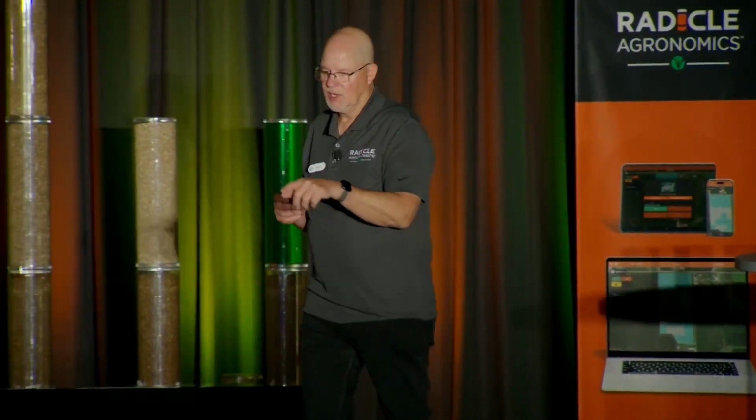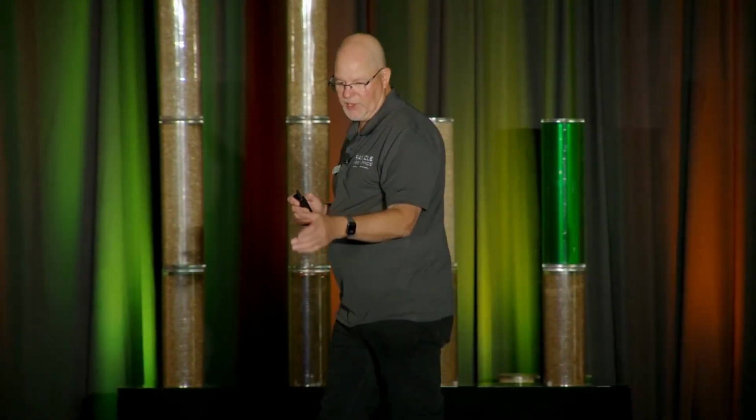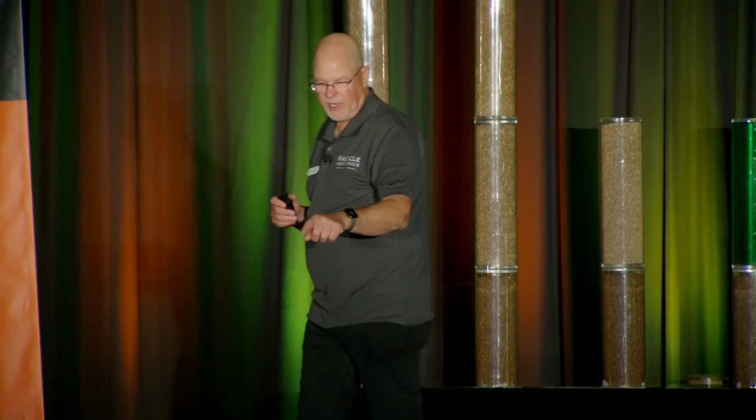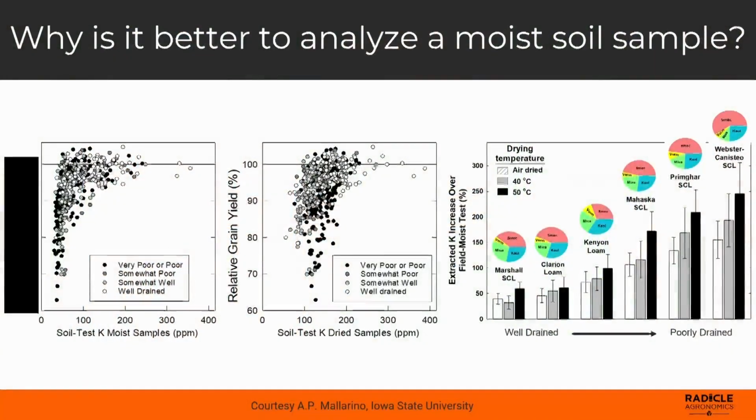Those bars, when you have a 50% increase, if it's 100, that means that the soil test doubled upon drying. But the difference between that white, gray, and black bar underneath each one of those pie charts is how much it changes based on the drying temperature, right?